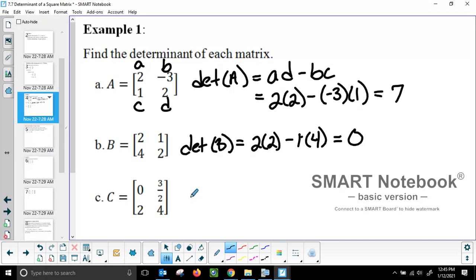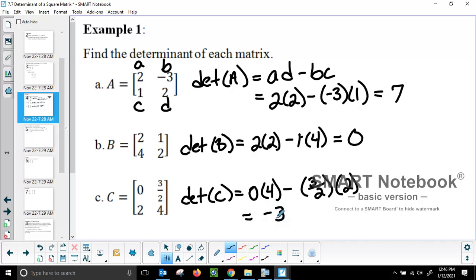Here we can also find the determinant of matrix C. So here we will have 0 times 4 minus 3 halves times 2. So this is going to be 0 minus 3. So that's simply negative 3.